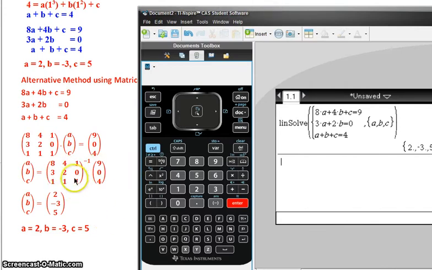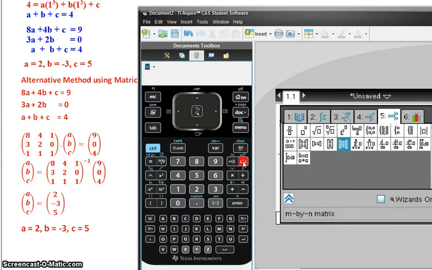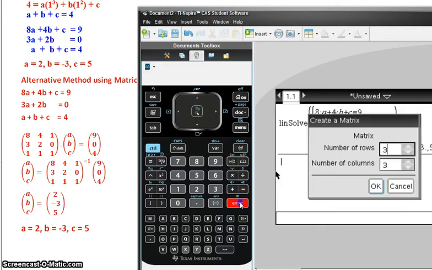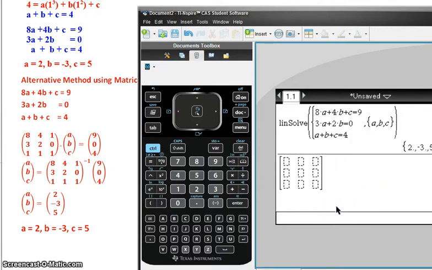So I need to enter this matrix and inverse it. So to do this, I'm going to hit the catalog button, and the 3 by 3 matrix is already selected, so I'll hit enter, go to OK. There's my template.